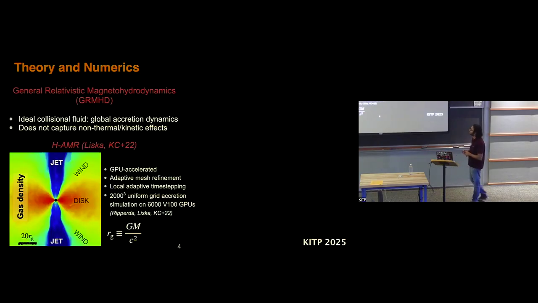It also gives you the ability to hone in on specific regions in the mesh using adaptive mesh refinement. All of these perks allowed us to perform a 2000 cubed simulation. This is one of the largest GRMHD simulations ever performed, on 6000 V100 GPUs on the Summit cluster.